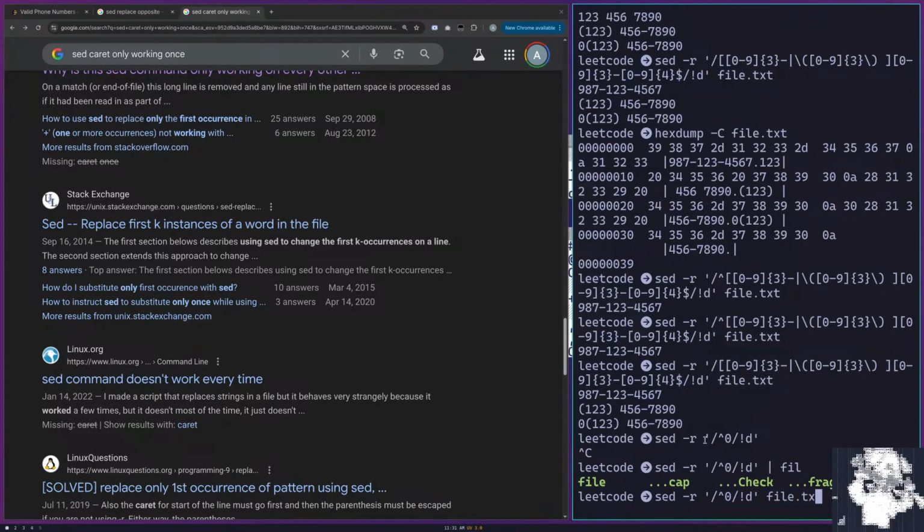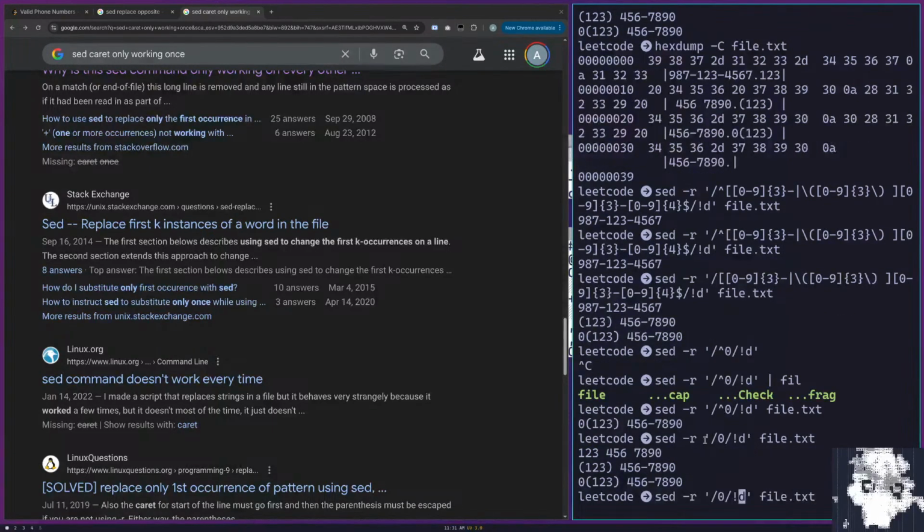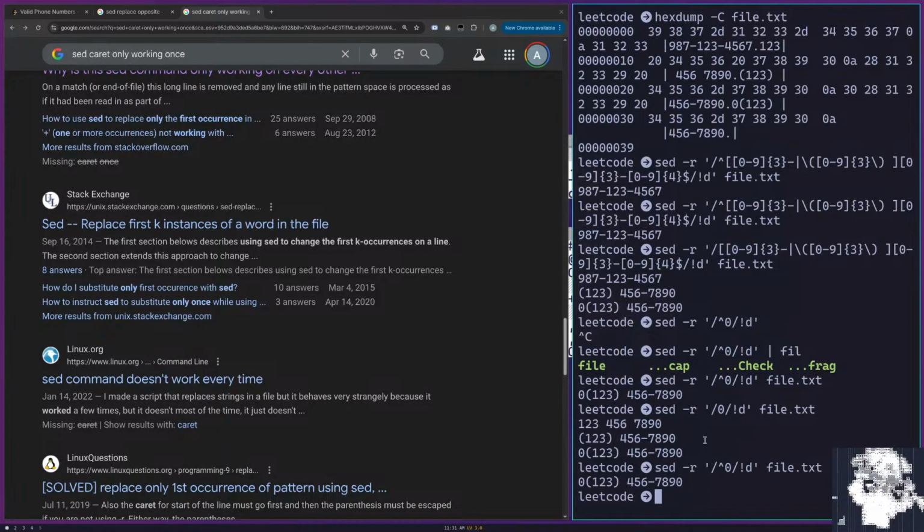Or here, file.txt. So that works. It just stops working when it gets a little complicated.